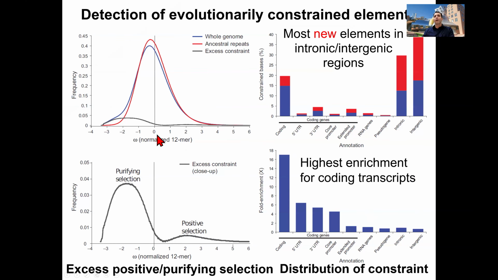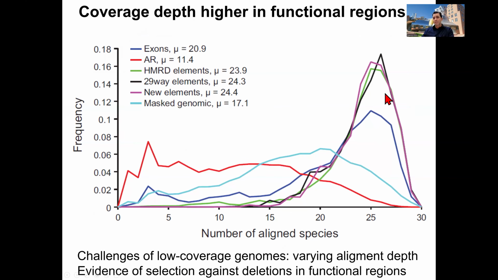You can also measure the pattern of change, but you can also ask simply, is there an alignment? How many species are aligned at that position? And simply measuring the number of aligned species gives you an additional signal that for example, protein coding exons have on average, 25 of the 30 species aligned there.